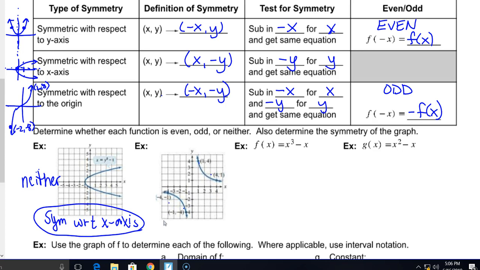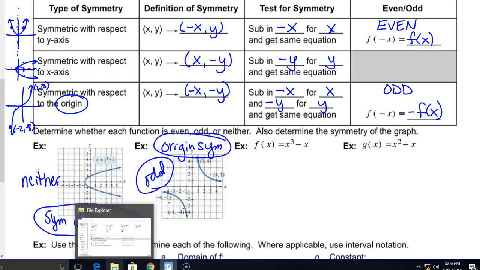So I'm hoping that you tell me this is going to be symmetric with respect to the origin. Origin symmetry, if you want to write it that way. And if we have origin symmetry and it's a function, that means we have an odd function. Okay, so making sure you have this chart, please make sure that you look at both.